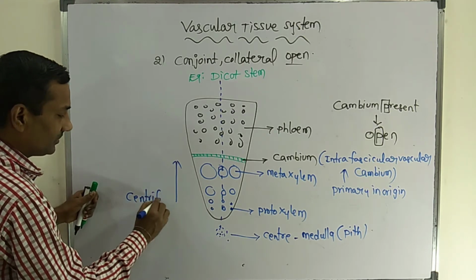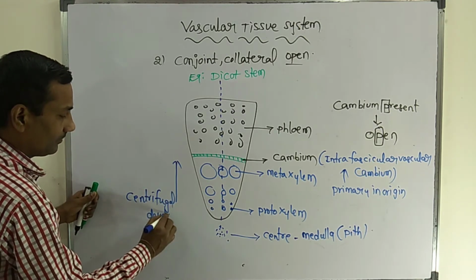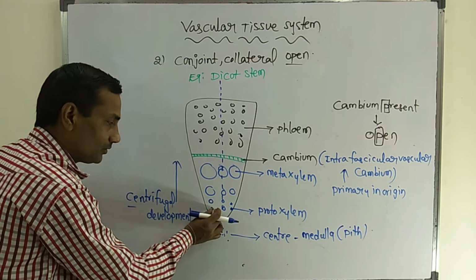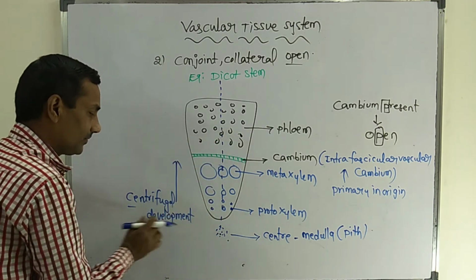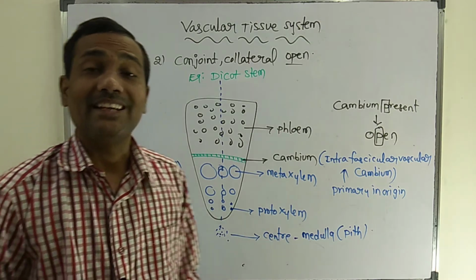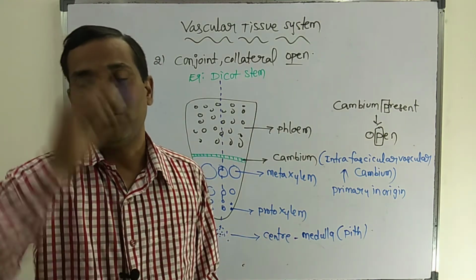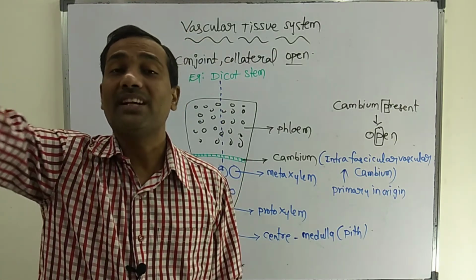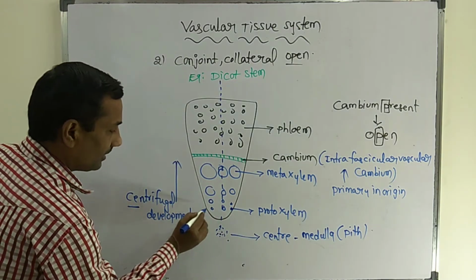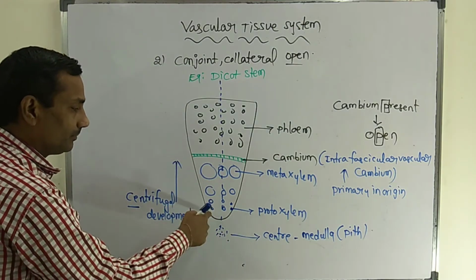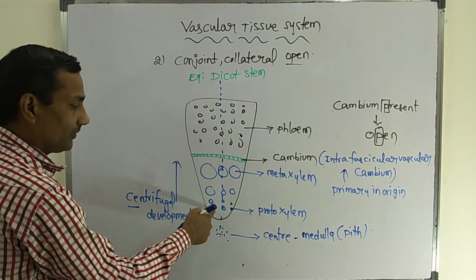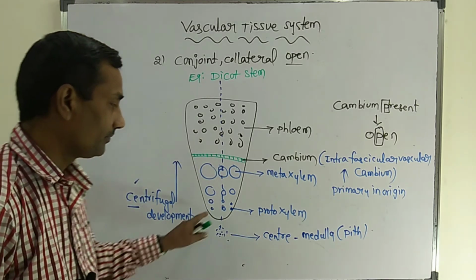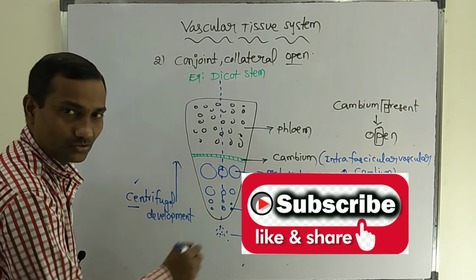You can call it centrifugal development, because development begins from the center, from protoxylem, and proceeds towards the periphery. But in roots, centripetal development occurs, because protoxylem is outside in the roots, whereas in the stem protoxylem is towards the center. This development from center to periphery is called centrifugal development. Here protoxylem lies towards center.